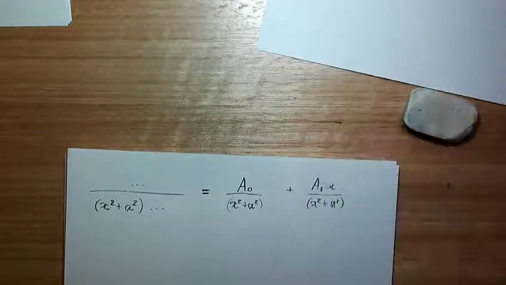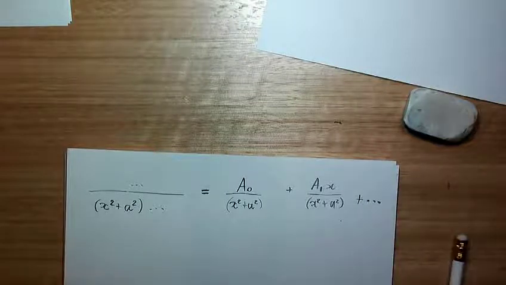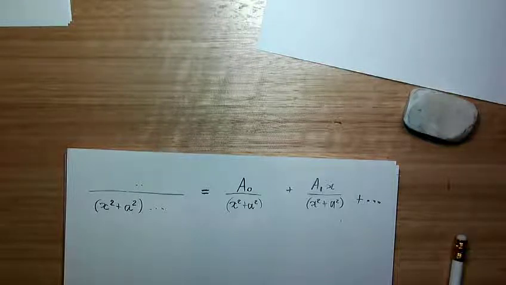It doesn't really matter what you call them. You may have seen it with the A0 plus A1x all together on the top. I find that unhelpful because you're going to integrate these two things separately, so I'd like to keep them separate. The first one will integrate using arctan, and the second one will integrate using an ordinary substitution.